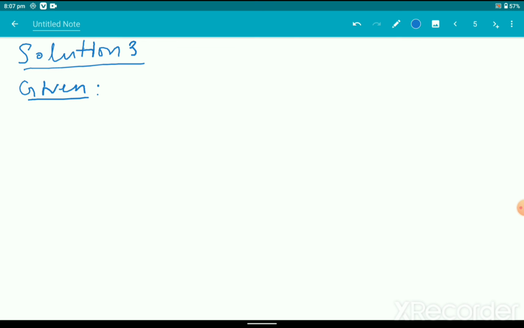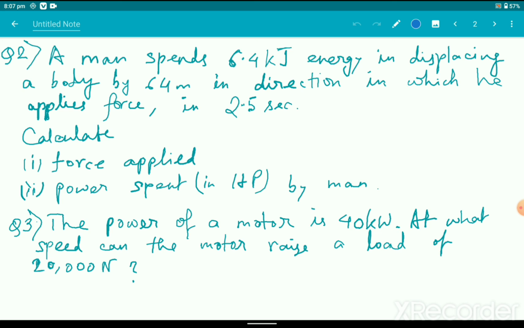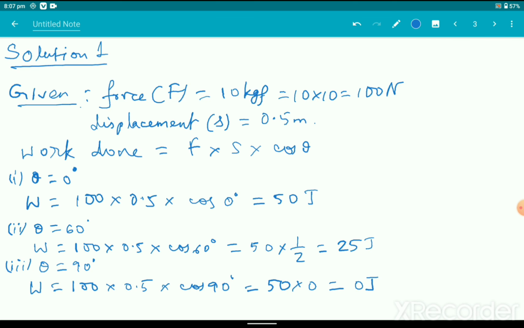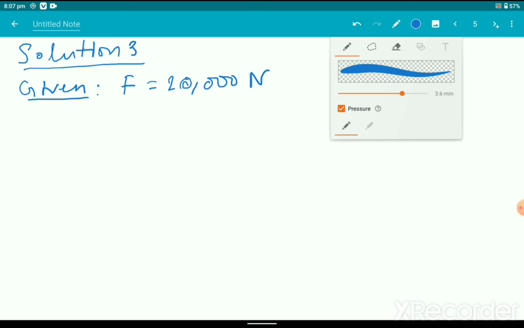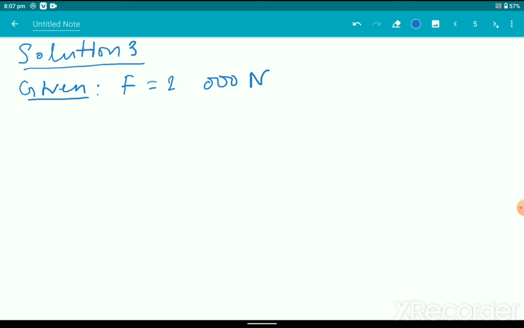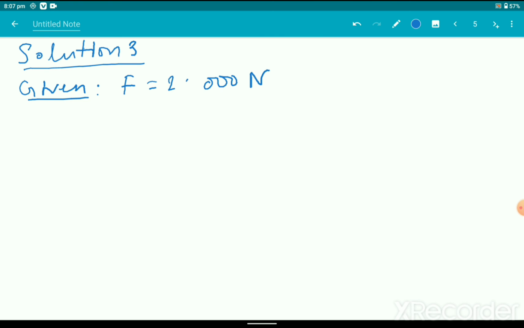One is the force: the value of force is 20,000 Newton, and the power is 40 kilowatt. If I just convert it into watt, it is 40 into 10 to the power 3 watt.